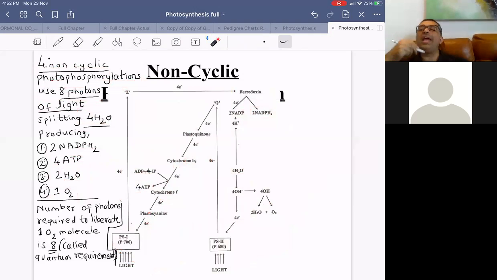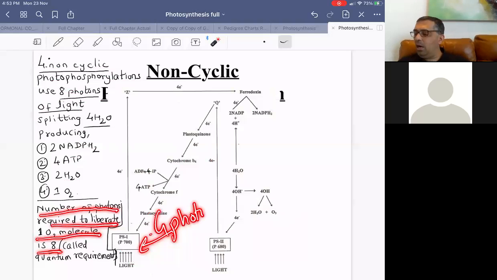Beautiful. We end this entire process. Number of photons required to liberate 1 oxygen molecule is 8. 8 photons are required.